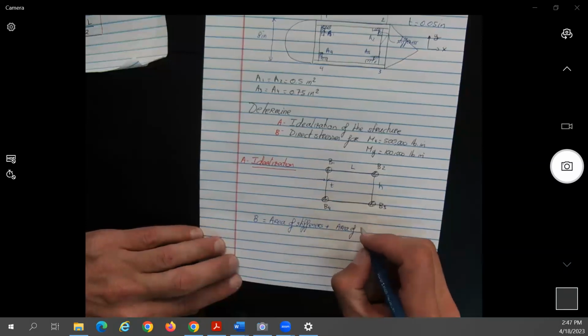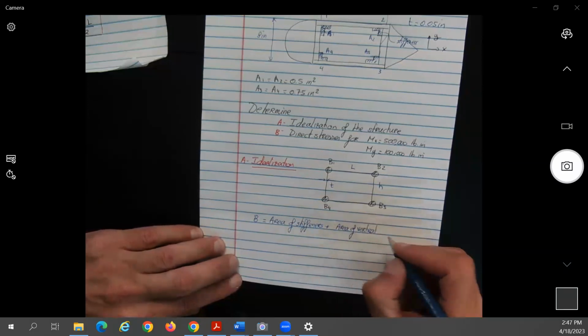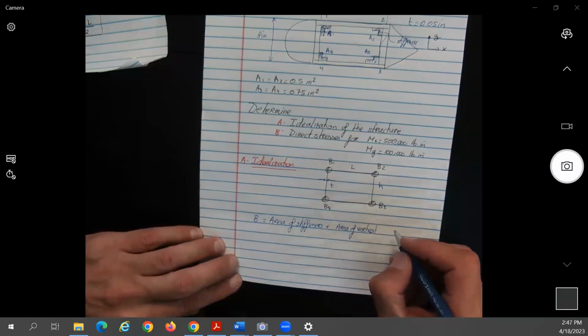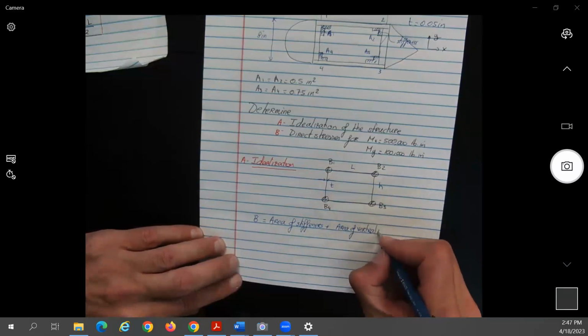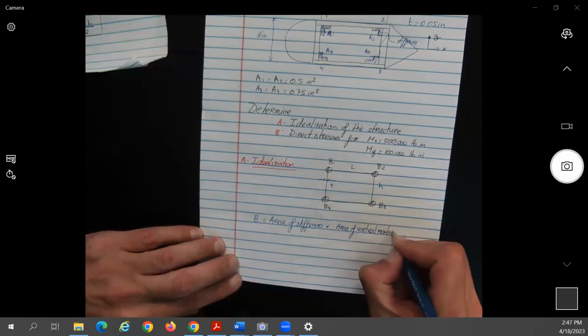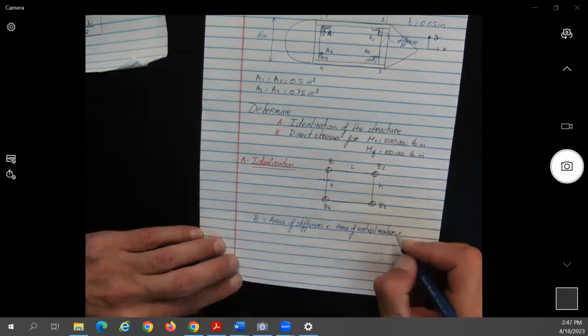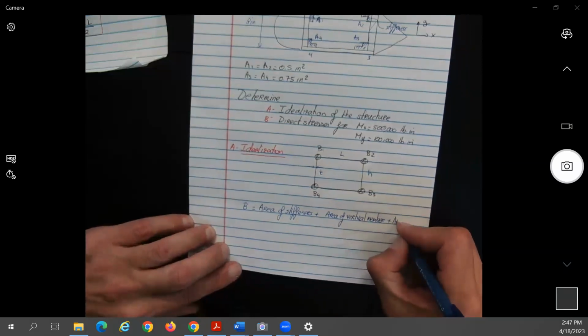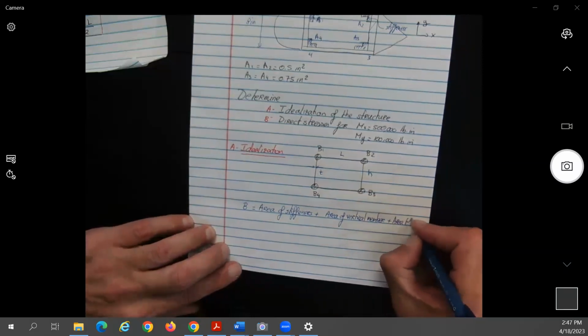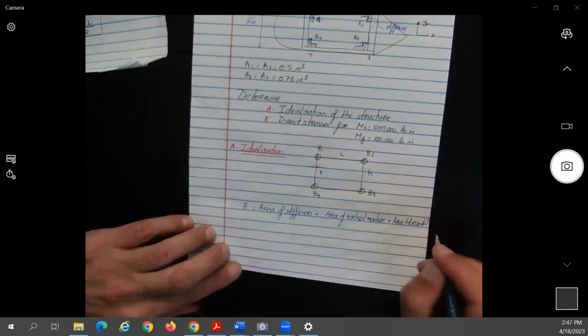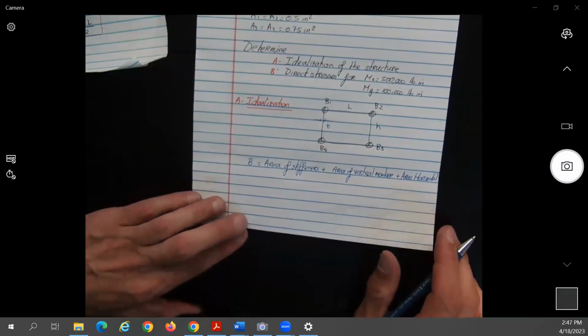Area of, which one do we do first? The vertical members? Area of the vertical member plus the area of the horizontal member.